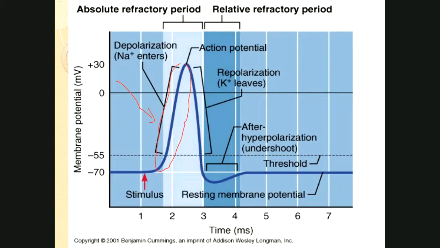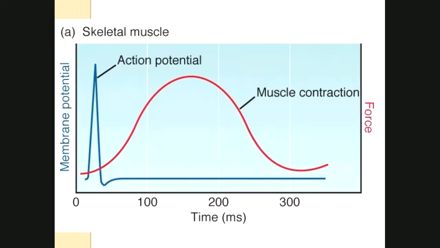Sodium enters. What happens on this side? Potassium leaves. We can see that, and it happens over and over again. So look, there's our action potential. So what happened on this side?